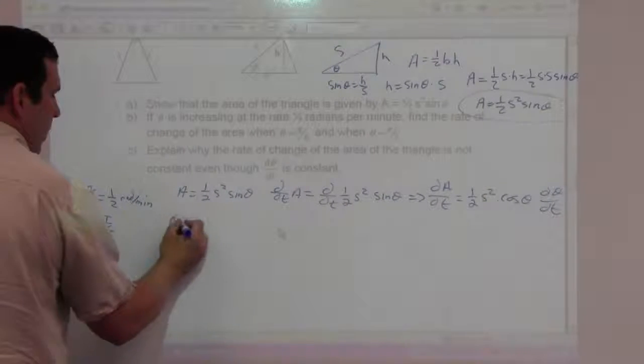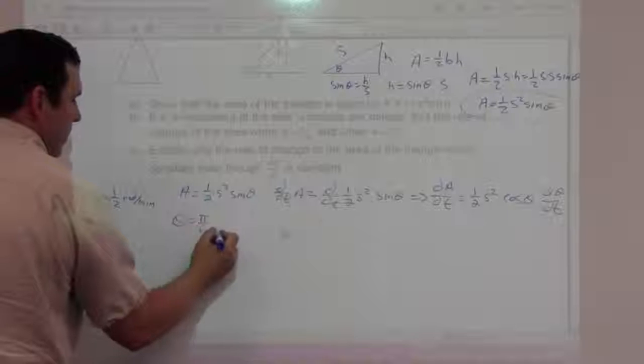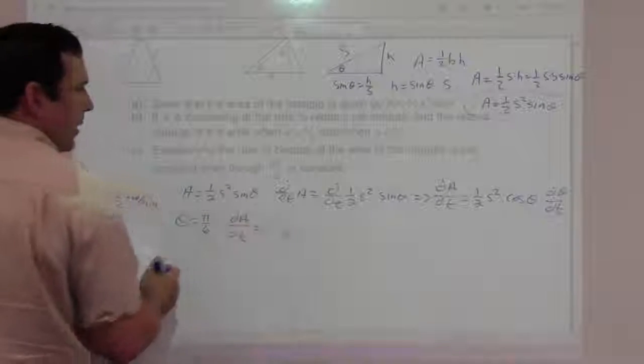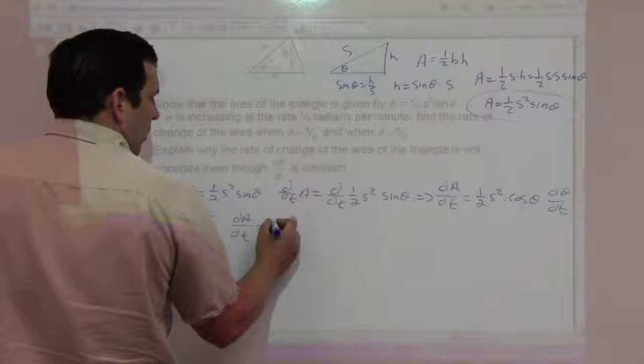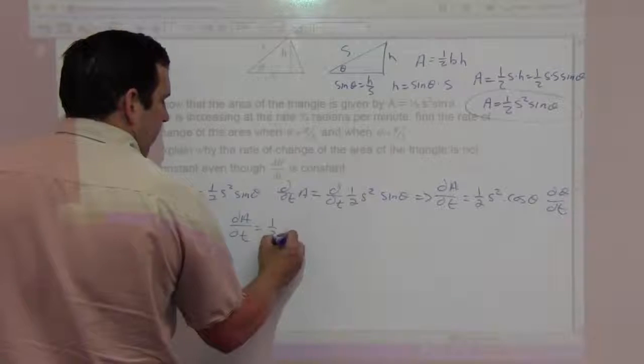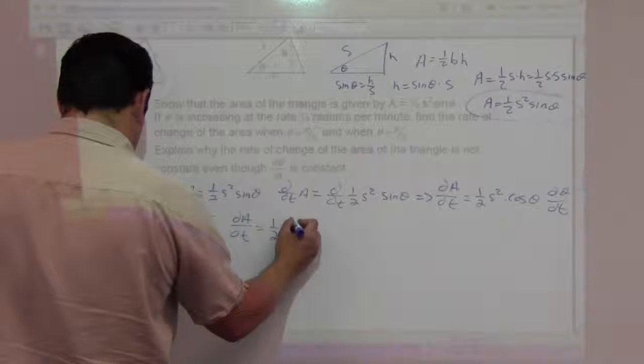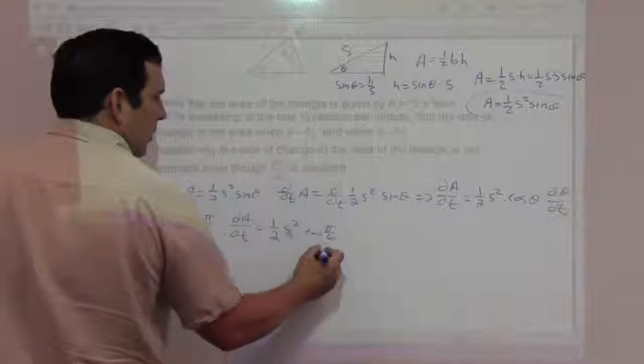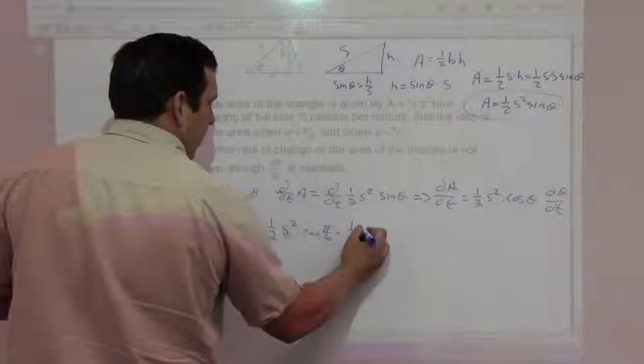So when theta is pi over 6, dA/dt, the change of area with respect to time, is going to be 1/2 s squared times cosine of pi over 6 times 1/2 radians per minute.